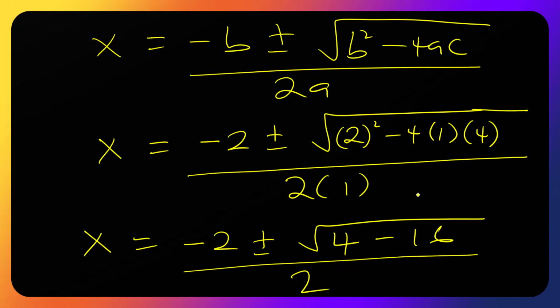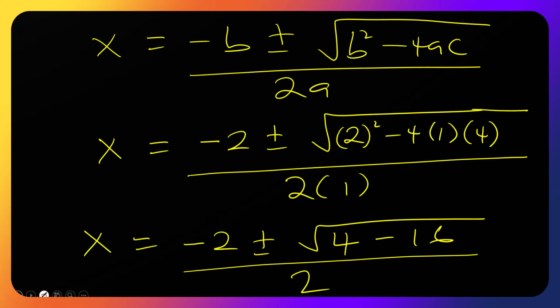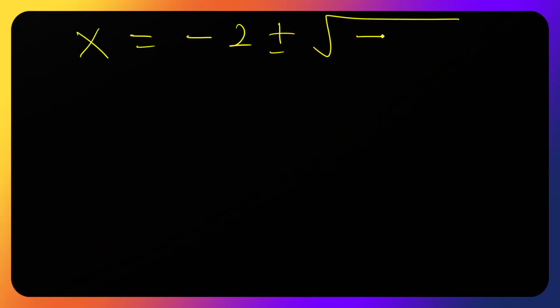Okay, so this one is leading us to a complex solution. So we have x equals minus 2 plus or minus the square root of 4 minus 16, that will be minus 12, on 2.